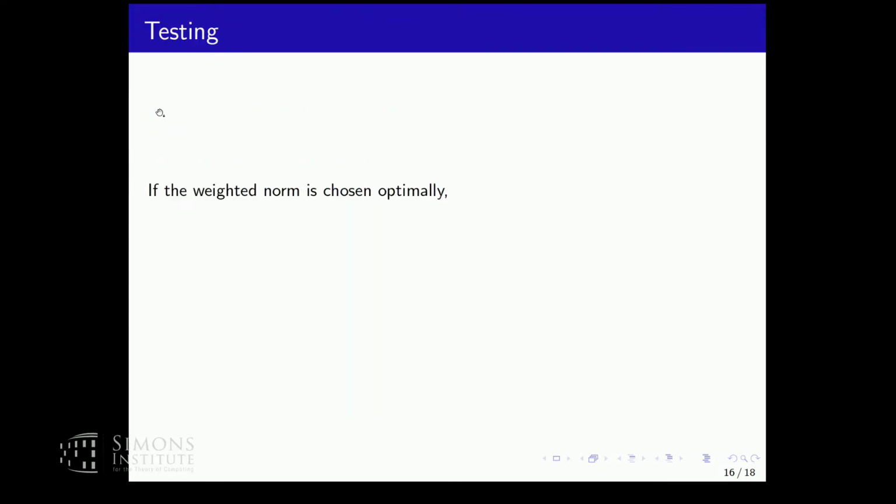Now, in addition, if you choose the weighting norm optimally, which is simple to do, then you can look at the value of the minimum. So you're minimizing the weighted square, for the right norm, of the differences between phi beta and minus the derivative of the generalized entropy for alpha.